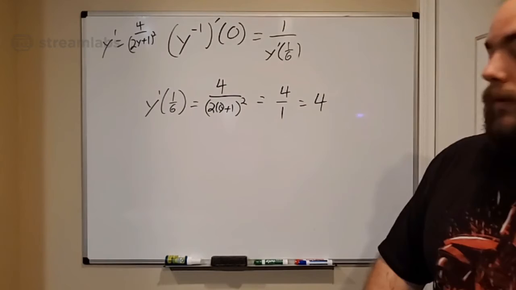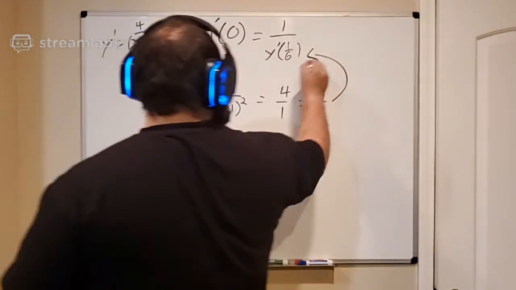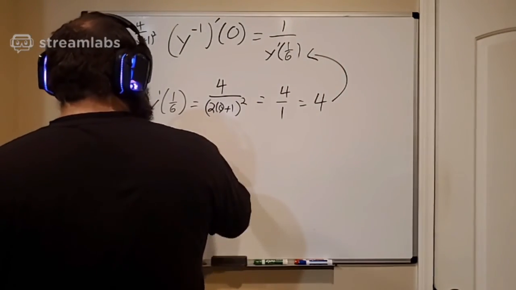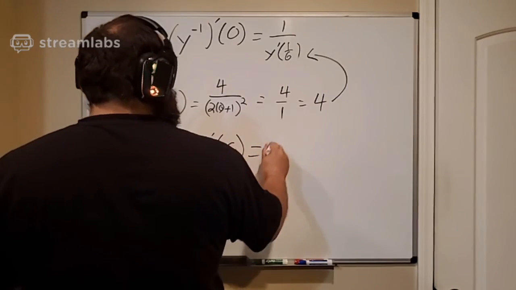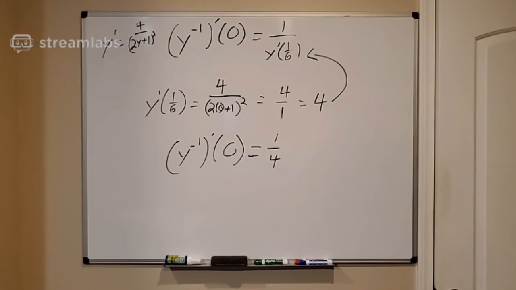If you're not paying attention, you will put in the 1/6 for the y value, and the y value is not 1/6. The y value is 0. So now we can plug this in up there, and we get that y inverse prime of 0 is 1/4. This is not a very difficult question, but there's definitely room for a lot of easy mistakes to be made if you're not careful.